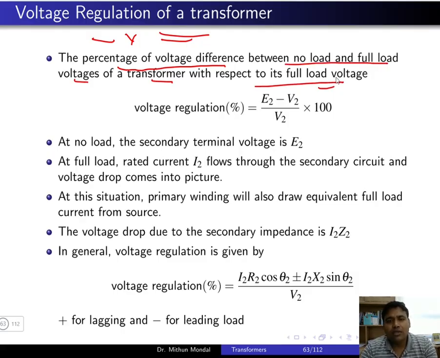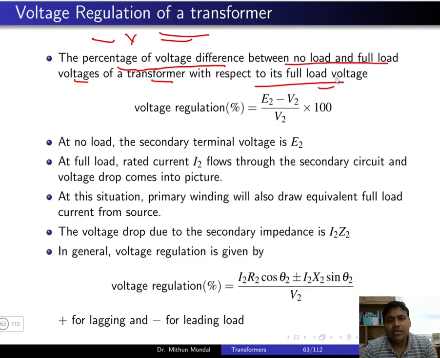If you remember in the DC machine, we discussed voltage regulation as: when you suddenly throw off the load from a running condition, the rise in the voltage is the voltage regulation. So the difference between the voltage under the no load condition and the full load condition is known as the voltage regulation.